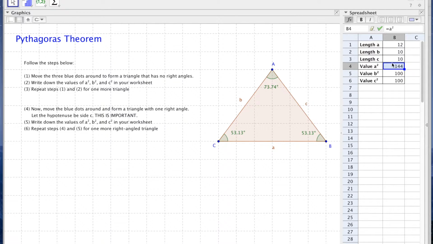Since A is 12, A square is 12 square, which gives 144. B is 10, so B square is 100. C square, 10 square, is also 100. Now we need to write down the values of A square, B square, and C square inside our worksheet, so let's go back to the worksheet.